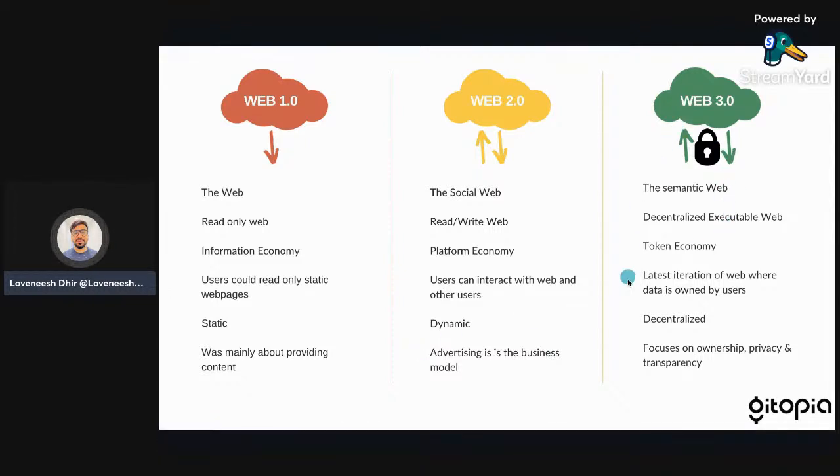And Web 3.0 focuses on the ownership, privacy, and transparency of the user. So these are the key differences between Web 1, Web 2, and Web 3. You can keep a screenshot of this slide and refer to it, or you can come to this YouTube video anytime if you want to differentiate between Web 1, Web 2, or Web 3.